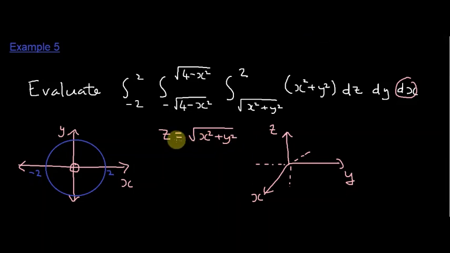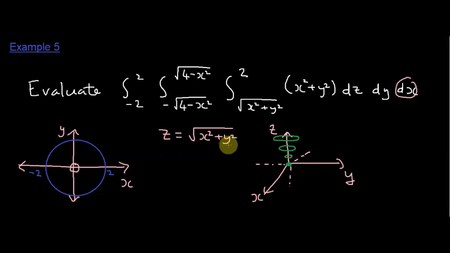Note that when z is 0, we have x squared plus y squared is 0. So in the xy plane, it's just going to be a point. Then, as z increases, we have circles with increasing radii. So something like this.